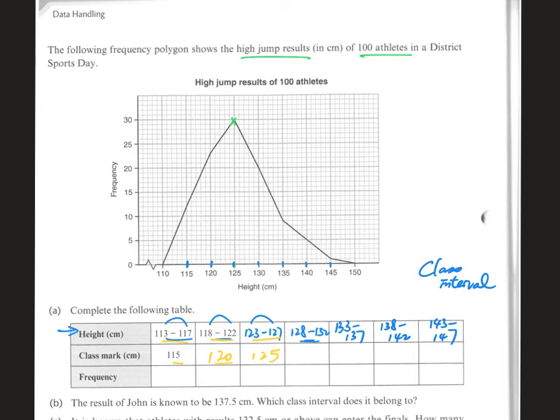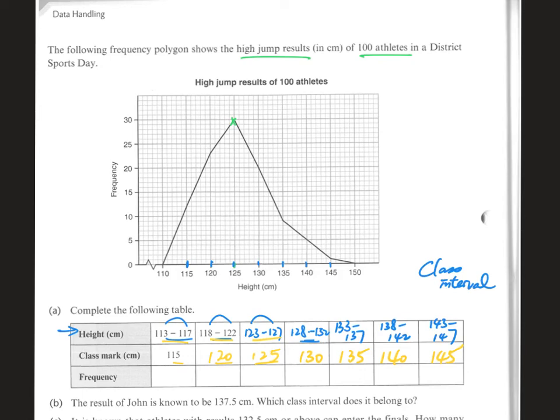Afterward, you can make a simple deduction to fill in the coming 4 boxes. I give you 10 or 20 seconds to do so. Alright, so next is 130, 135, 140, and finally 145.